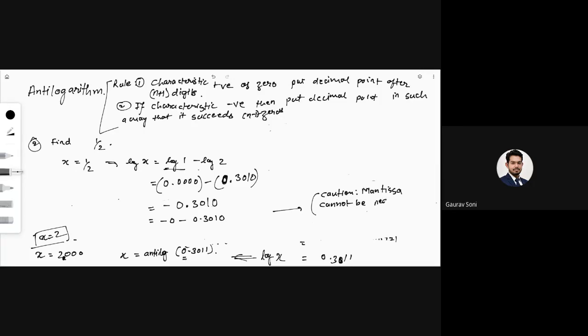You have to convert it to positive. I can convert it by subtracting and adding 1: minus 1 plus 1 minus 0.3010.